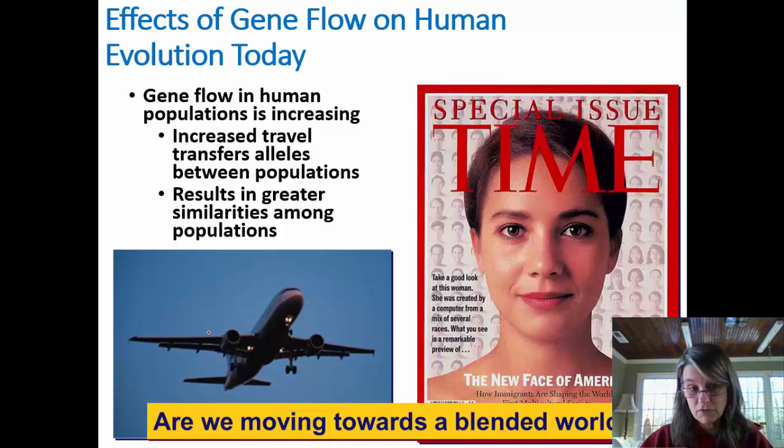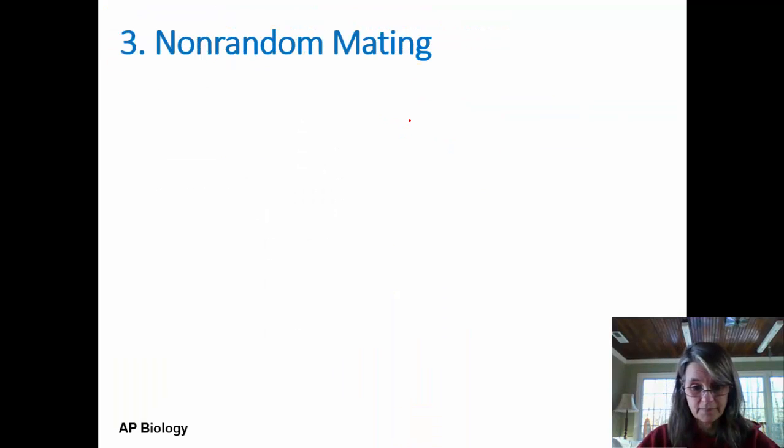What this is resulting in is greater similarities among all populations. People are going to, as this continues, look more and more the same. As these populations mingle, these alleles are going to be spread throughout populations, and there will be less distinct lines between people from one geographic area and another. Okay, and the same would be seen in all kinds of populations in which gene flow occurred.